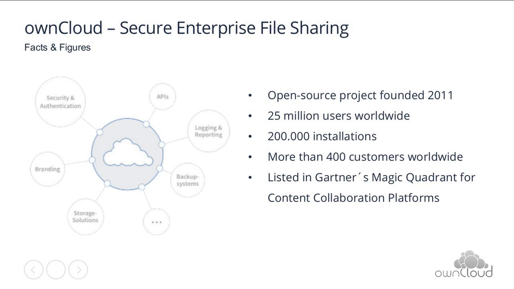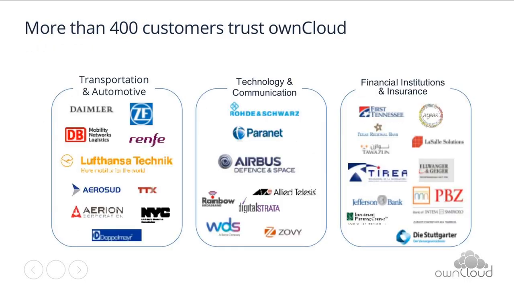And of course, there's also a German company that is based in Nuremberg and delivers the enterprise part around ownCloud, so to say. ownCloud itself has 25 million users worldwide, which are spread among 200,000 installations. ownCloud as a company managed to attract more than 400 customers worldwide and is listed in Gartner's Magic Quadrant for content collaboration platforms as the only open source vendor in the market.